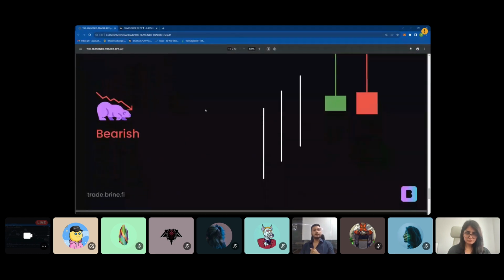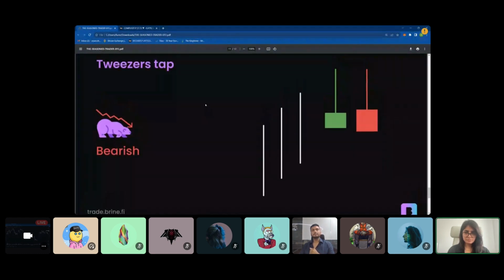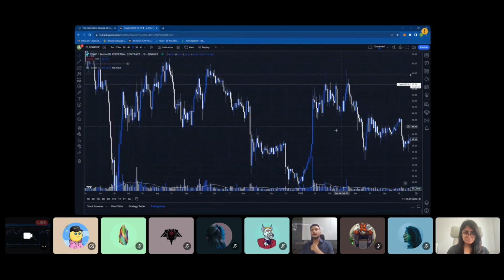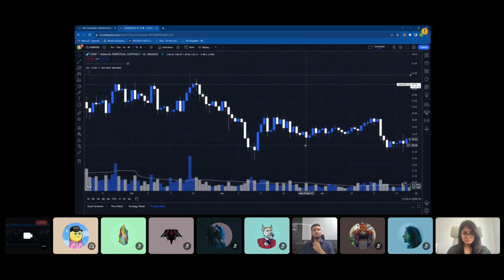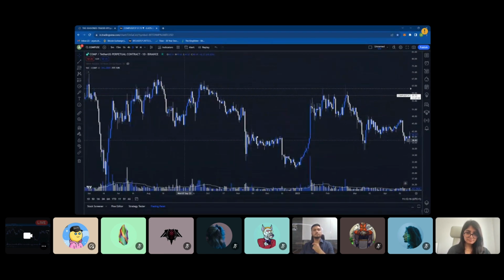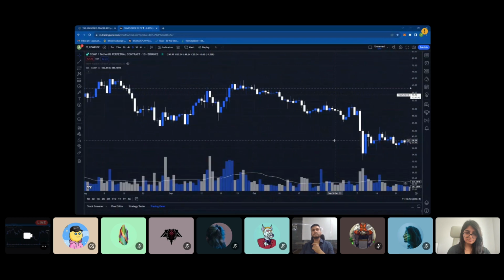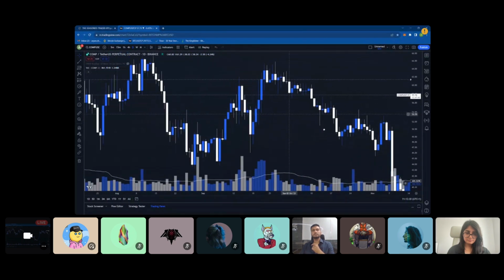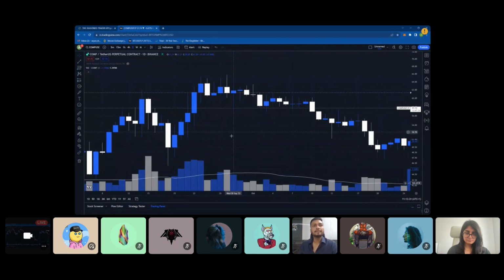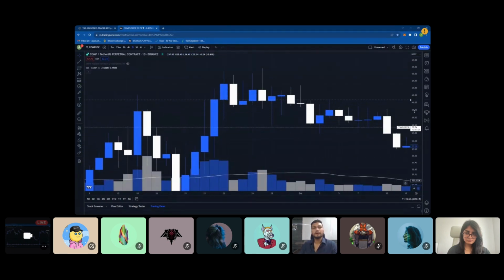Let's look at the next pattern that we have here, which is the tweezer tops. Okay, right here I see an ideal tweezer top.